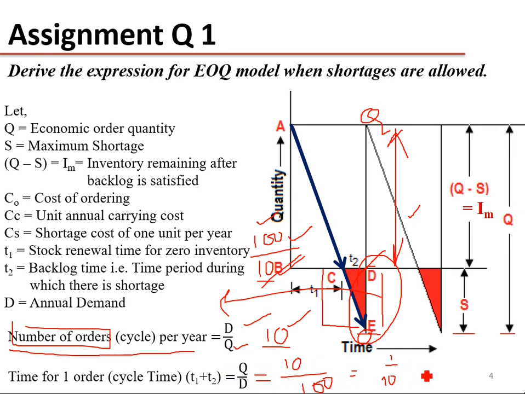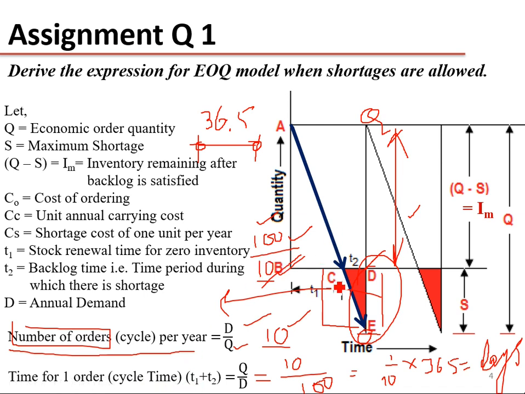It may be days or years. If it is a year, we multiply this with 365, and now you get this in days. It becomes 36.5. So after 36.5 days you put the first order, and after another 36.5 days you put the second order. So this is the time for one order, that is the cycle time.